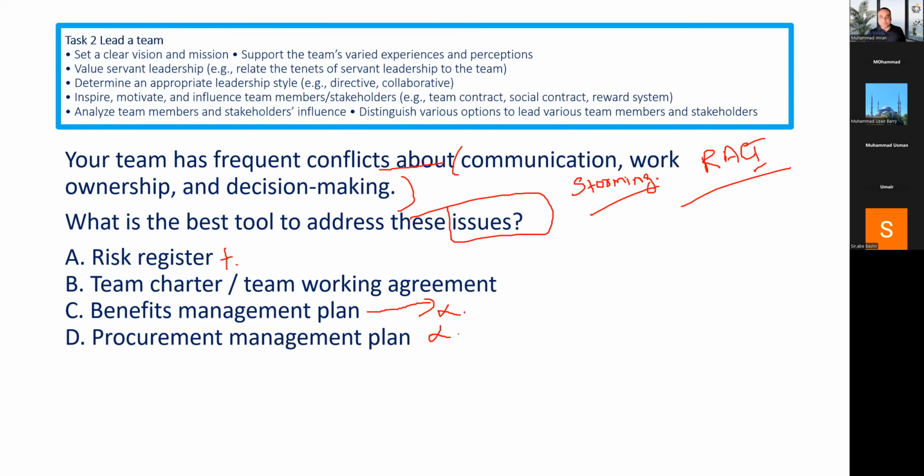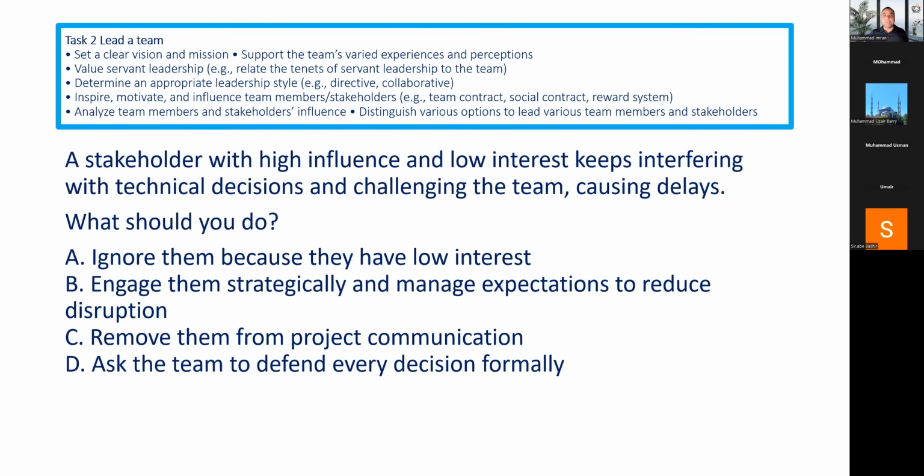Let's go next. A stakeholder with high influence and low interest. Before we go further, I can make you the stakeholder engagement grid, right? We have low power, low interest. Here we have interest, and here we have power. The people who have low power and low interest, what do we have to do? Monitor their engagement.